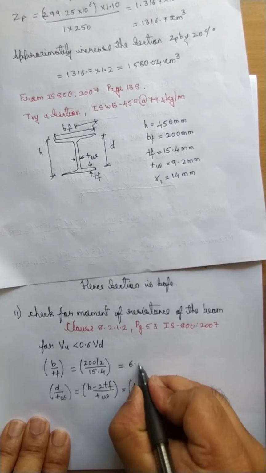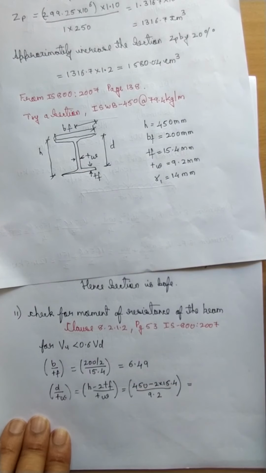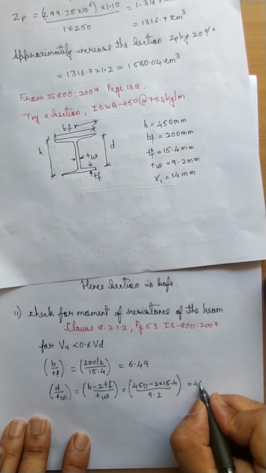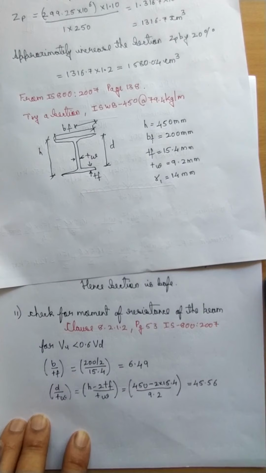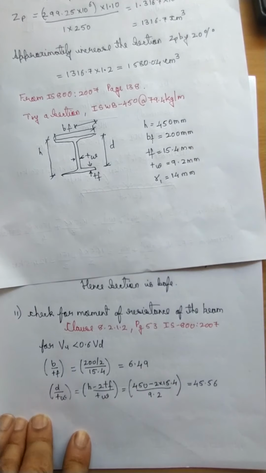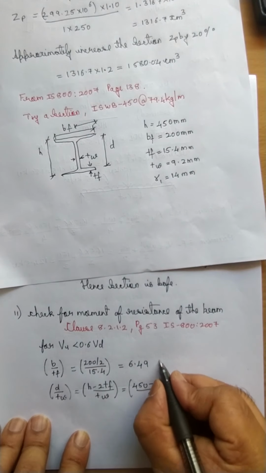So this is 6.49. This is 45.56. As Fy is 250, we already know that epsilon is 1.